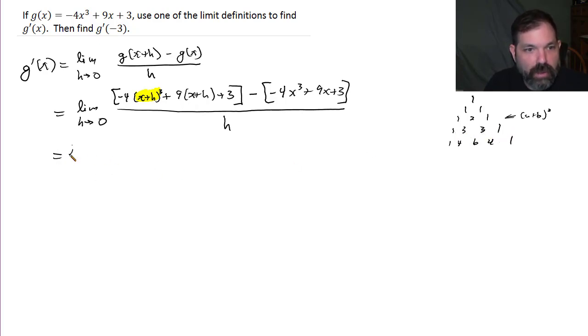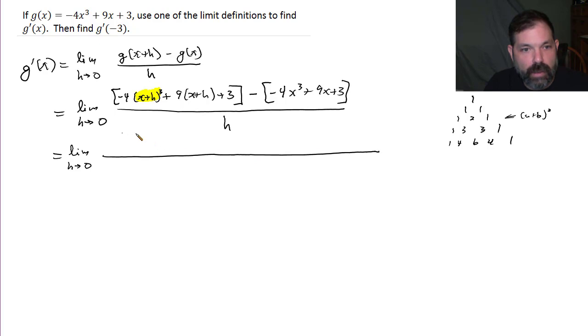So then this becomes the limit with h approaching 0. Let's expand that x plus h cubed and do nothing else right now. That would be negative 4 times x cubed plus 3x squared h plus 3x h squared plus h cubed.